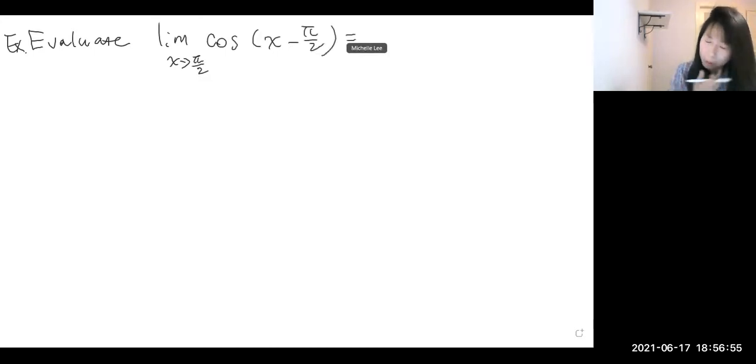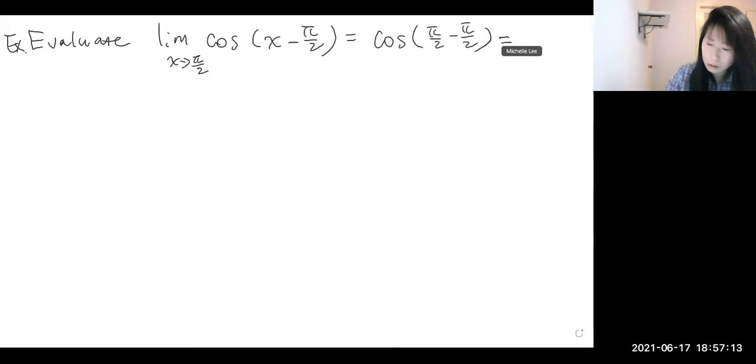So how do we do pi over 2? What do you get? So x approaches pi over 2. Cosine of pi over 2 minus pi over 2, we can just do it. Cosine 0, which is 1. Good. Yeah. All right.